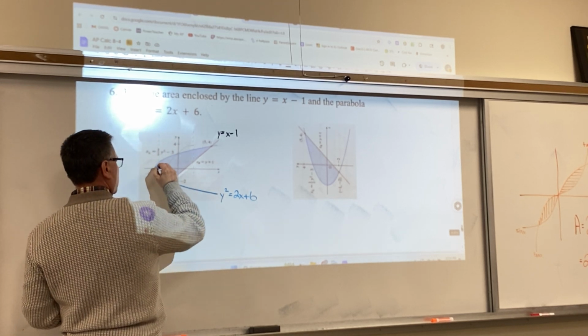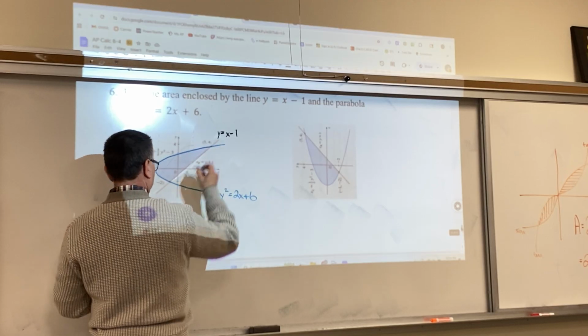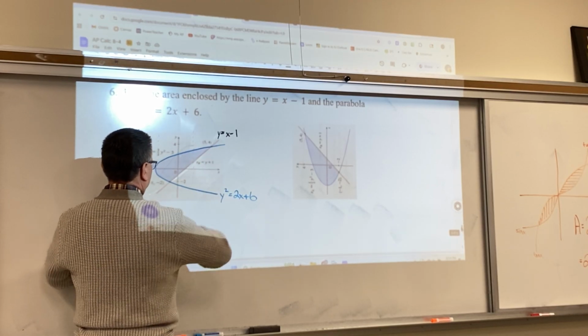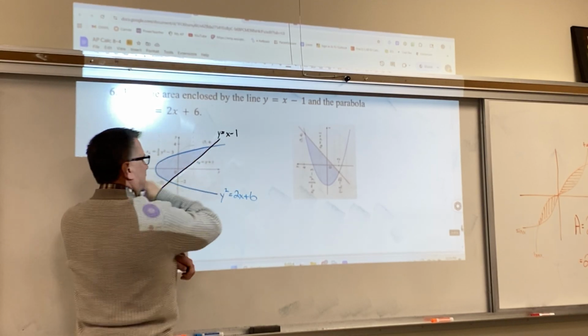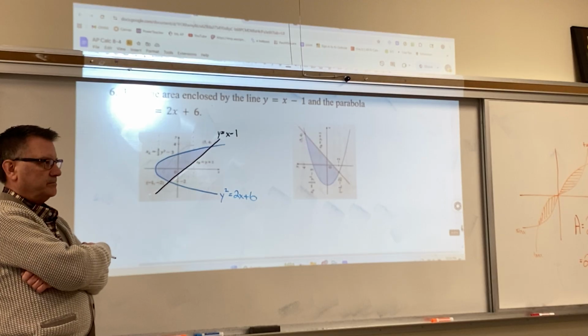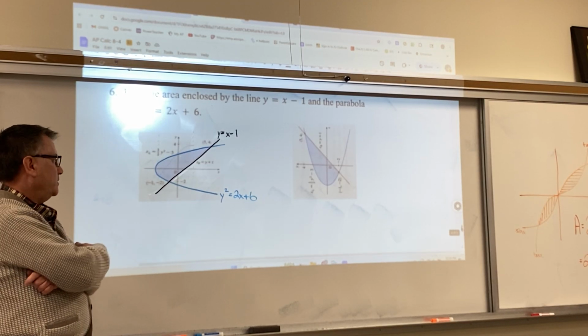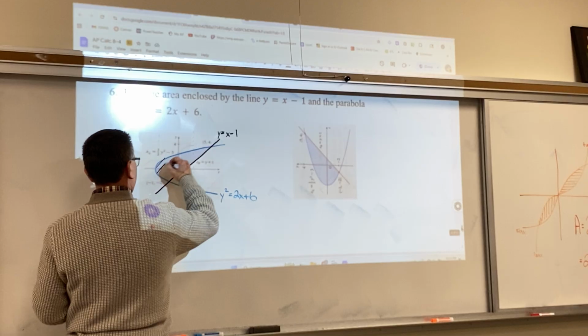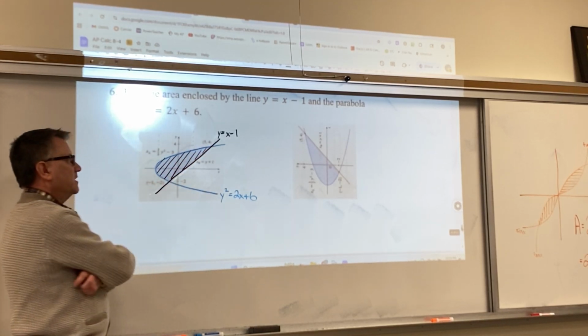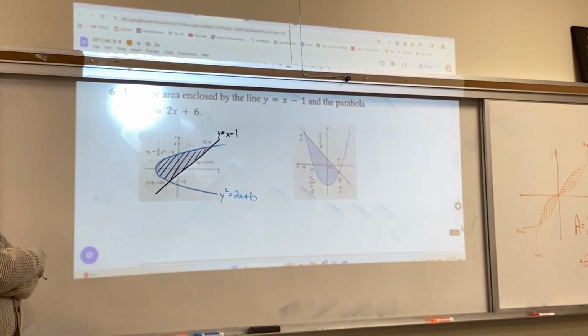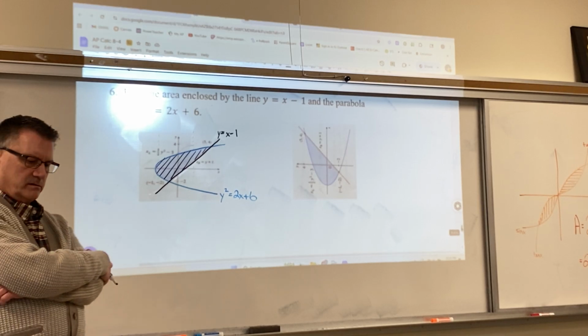So there's this one. And here's the line, and they're not telling me the interval. I have to somehow figure out, it did say the area in between. That's what I'm looking for. And I think I could probably find the points of intersection, right? Couldn't I do that? Just set them equal to each other?